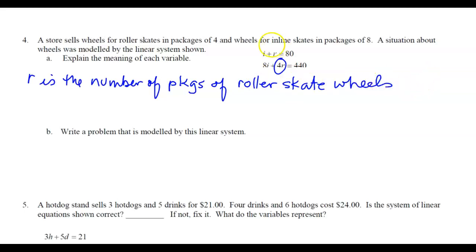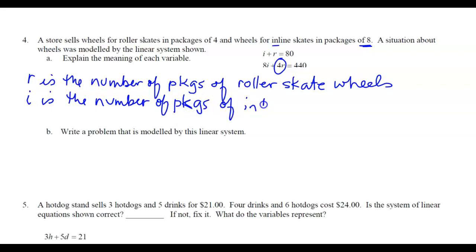And then I is for inline skates, packages of 8 wheels. So I is the number of packages, PKGS is my short form for packages, of inline skate wheels.